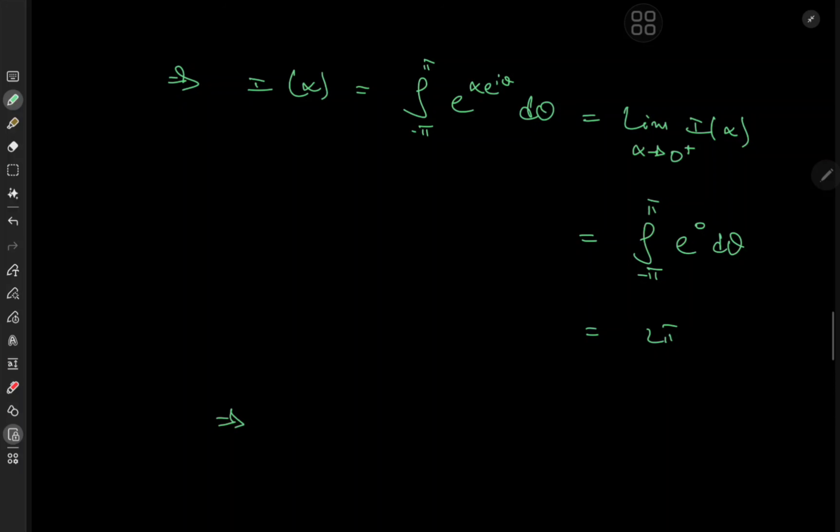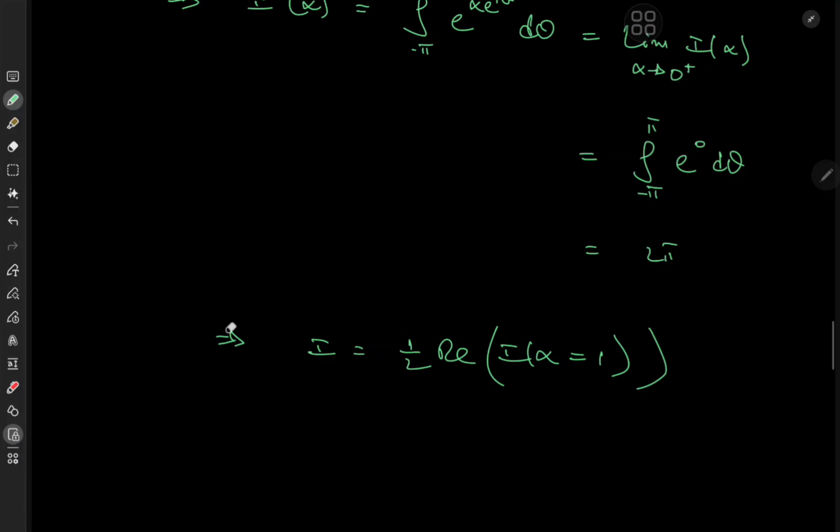So this implies that the target integral, which was 1/2 the real part of I of alpha evaluated at 1, is equal to this limit that we've evaluated up there. And this implies that I here is equal to 1 over 2 times the real part of 2 pi, which is 2 pi, and the result is pi once again.